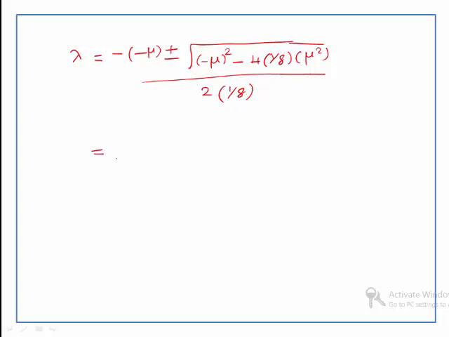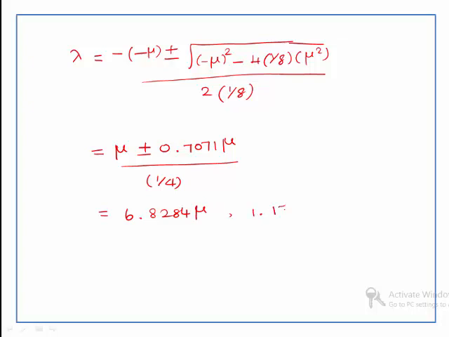So minus of minus mu is plus mu, plus or minus 0.7071 mu divided by 1 by 4. So two values கிடைக்கும். First value is 6.8284 mu and the second value 1.1716 mu. So these are the values obtained for lambda. Okay. So first lambda 1 value எடுத்து deal பண்ணலாம்ப்பா.